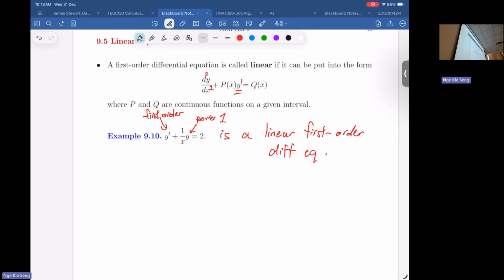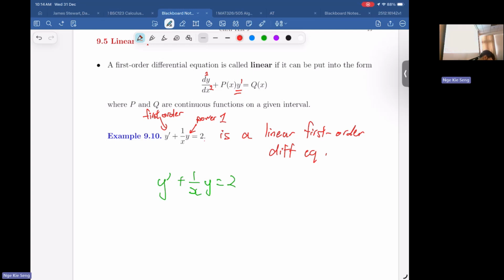There's a technique to do this, but let's think about it first. Maybe we can try and play around with it. y' plus 1 over x y equals 2.